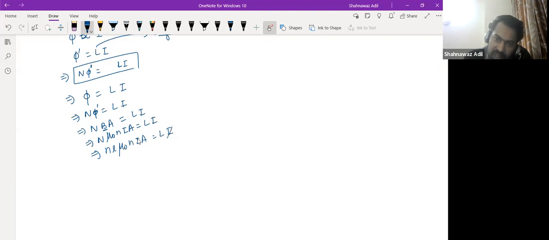So this I will cancel, and we will get the self-inductance as mu naught N square L and A. So that is the self-inductance, right?